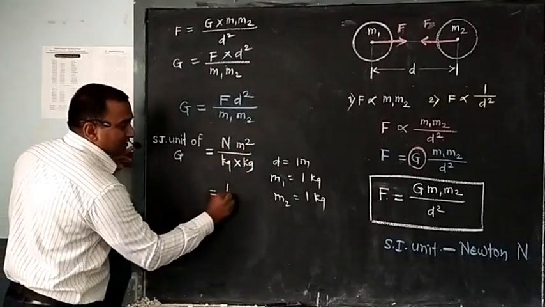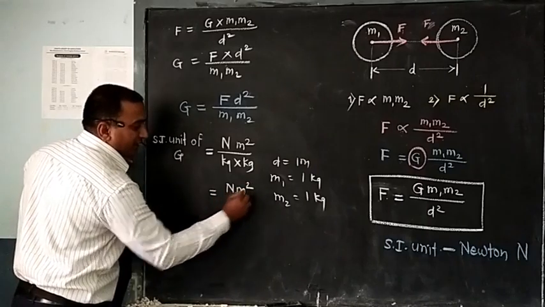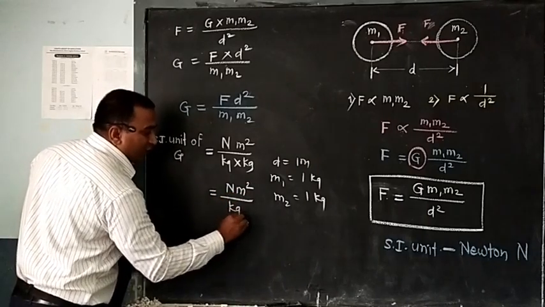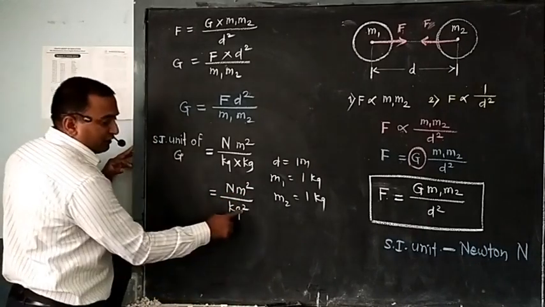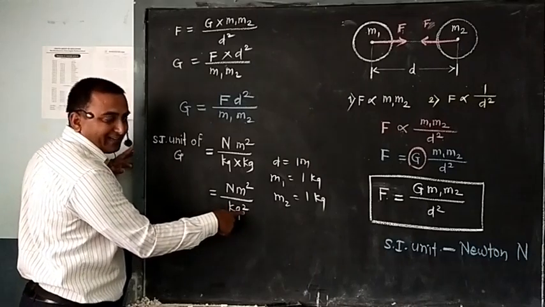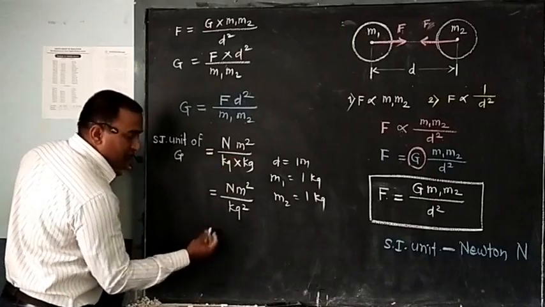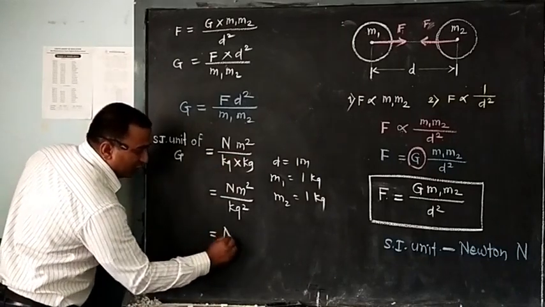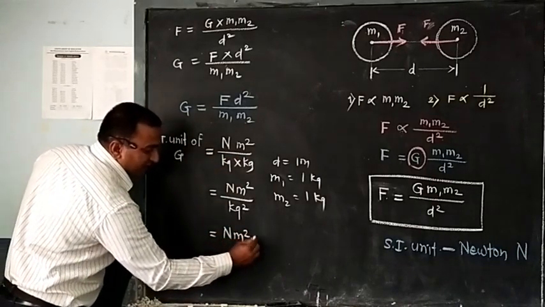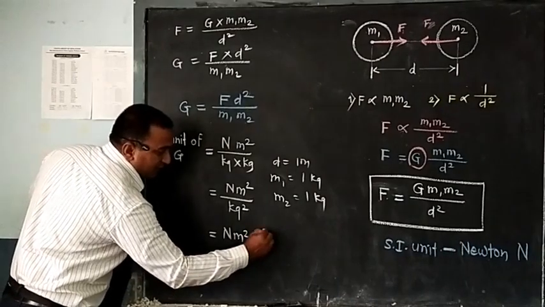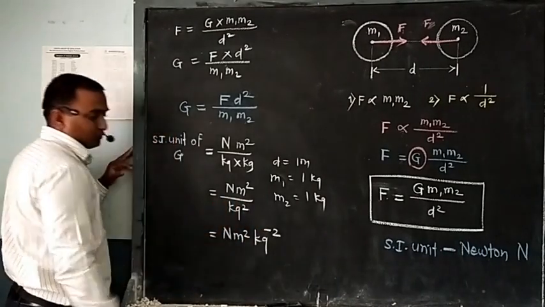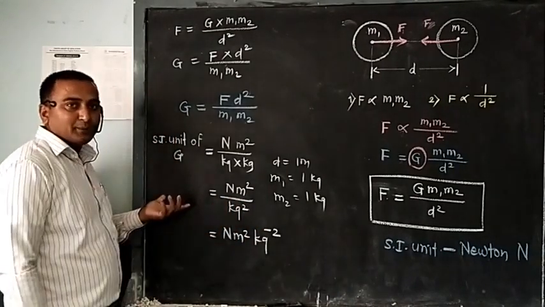So finally we are reaching Newton meter square divided by kilogram square. If you want to bring this kilogram to the numerator, we can do that. So that is equal to Newton meter square kilogram raised to minus 2. Like this also we can do.